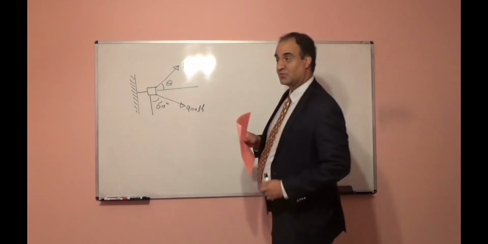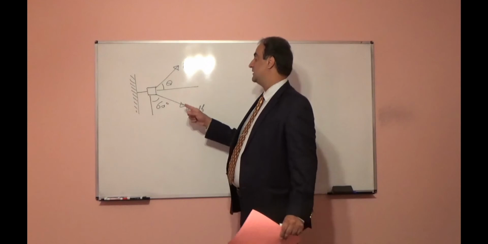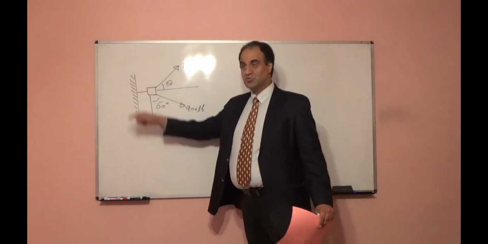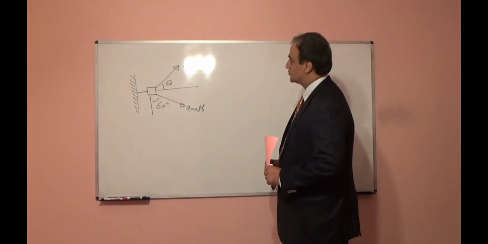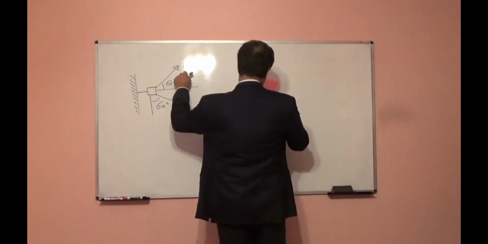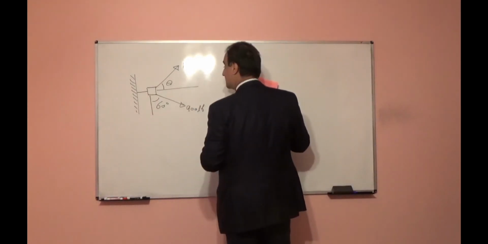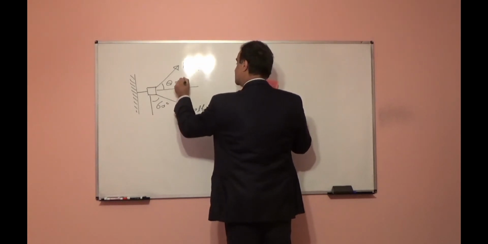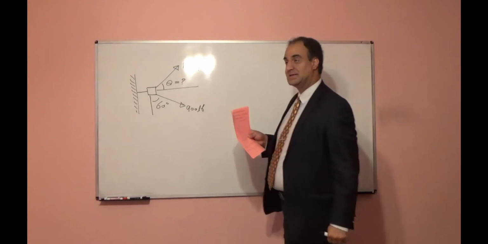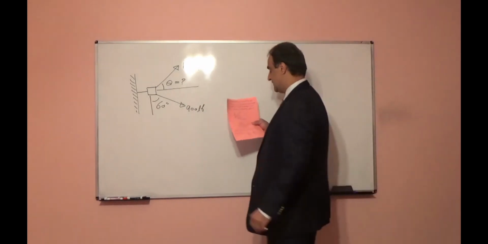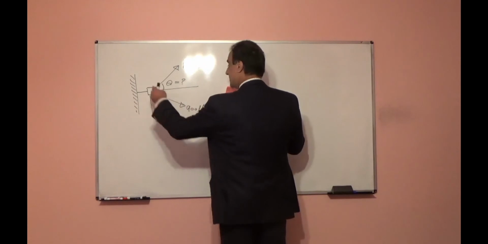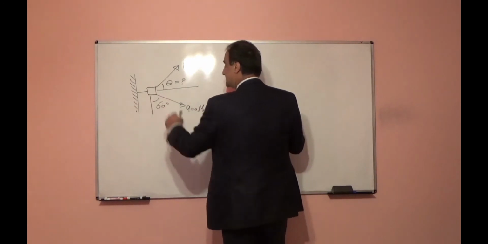So there are two forces, both of them acting on this support, and we attach the support to the wall. The magnitude of the first force is F, unknown, and the direction with the horizontal direction is theta, and again it is unknown. Second force, the magnitude is 900 pounds, and the orientation is 60 degrees.